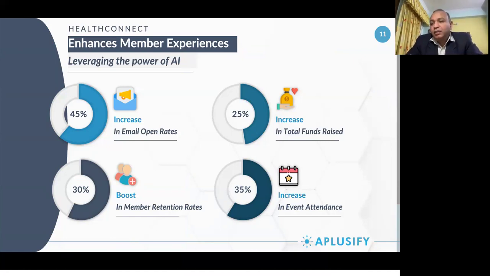AI will tell you that this doctor or this member is interested in maybe more of attending cancer conferences. So this would be the best conference or event he can attend. So you can send those kinds of personalized emails to them for that event. Similarly, for donors, you need to understand the giving history of the donors.